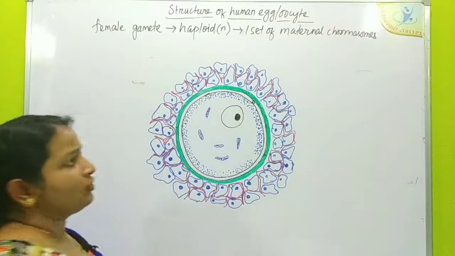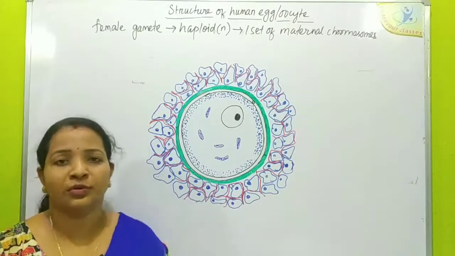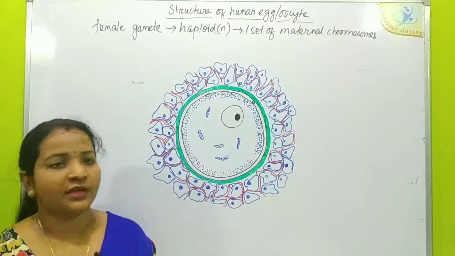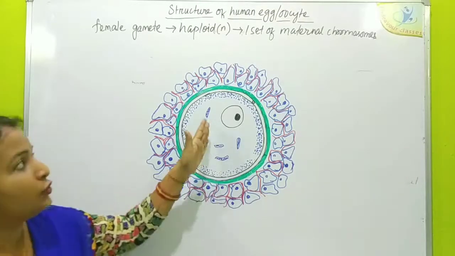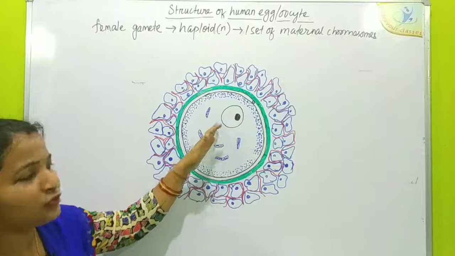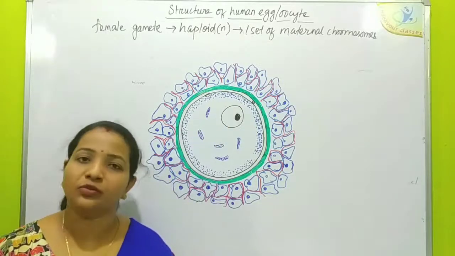This haploid nature of the gametes ensures the restoration of chromosome number after fertilization. The human egg carries n chromosomes, that means 23 chromosomes, and sperms also carry 23 chromosomes.